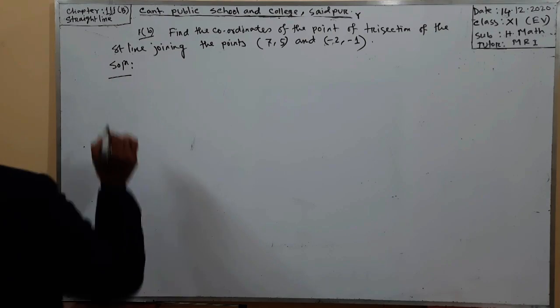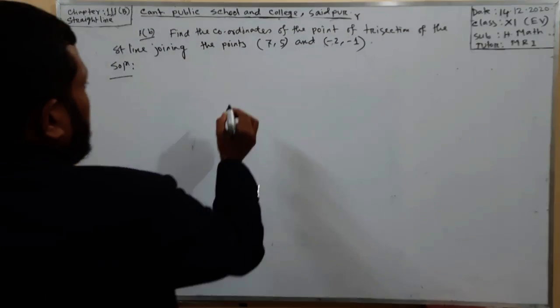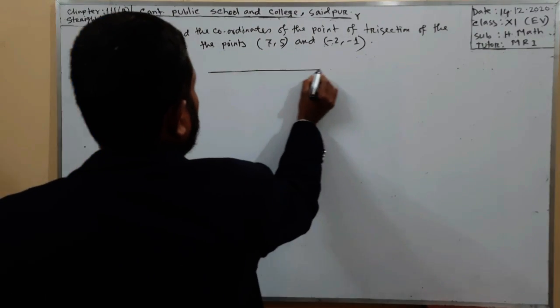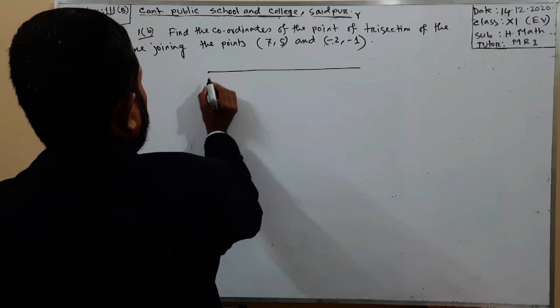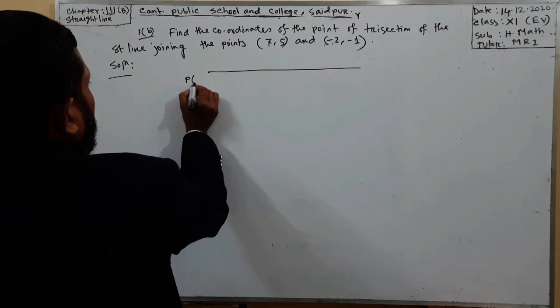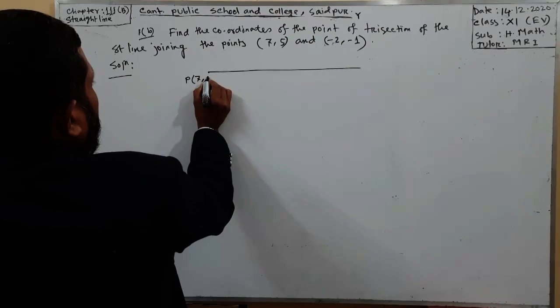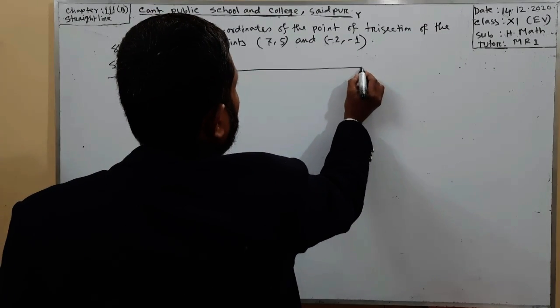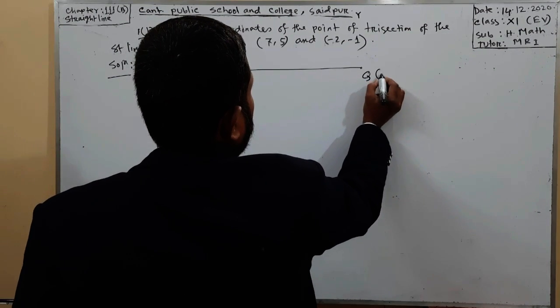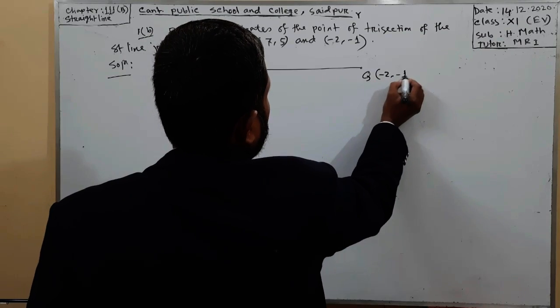Here, suppose P is the point with coordinates (7, 5) and Q is another point (-2, -1).